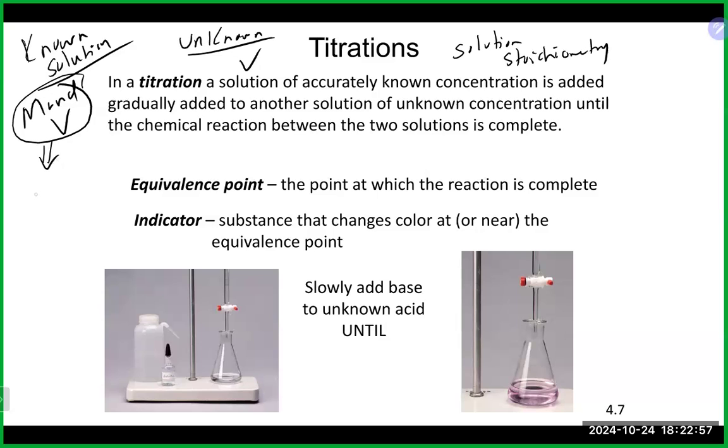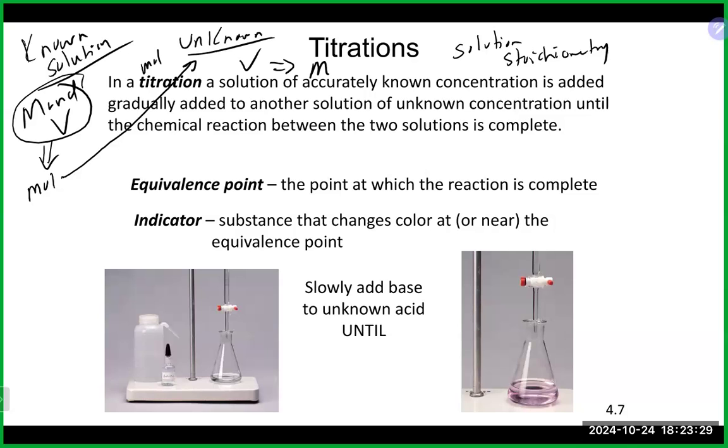Molarity is moles divided by liters, which means if I have the molarity and the volume, I can get the moles of my known solution. And if I have a balanced equation and use stoichiometry, I can use the moles of my known solution to get over here to the moles of my unknown solution. And now I have the moles of the unknown solution and the volume of the unknown solution, which means lo and behold, through my titration, I can figure out the molarity of this unknown solution.